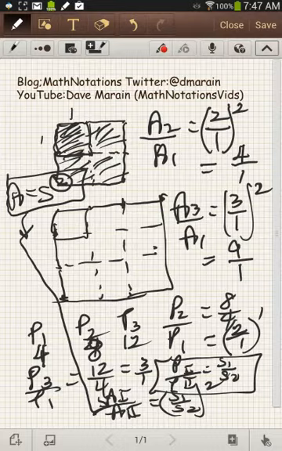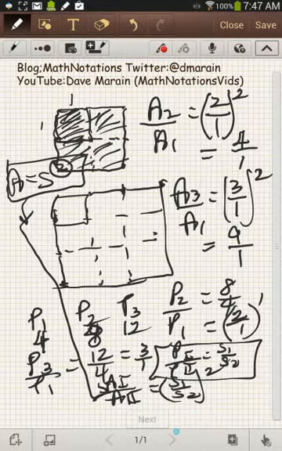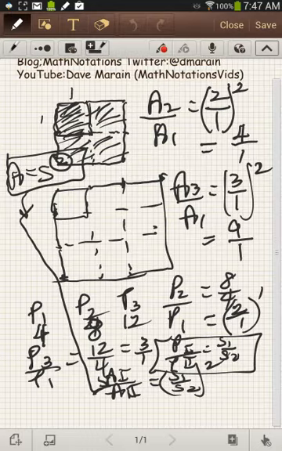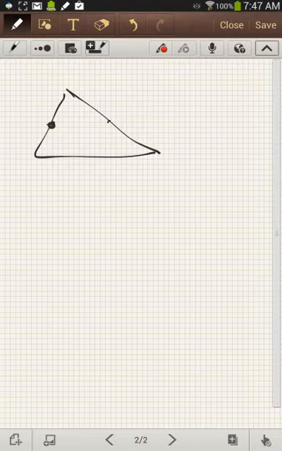Alright, well, we've talked now about squares. Let's move on to triangles. I think what we'll do here is we'll add another page. Now let's look at a triangle, connect the midpoints.